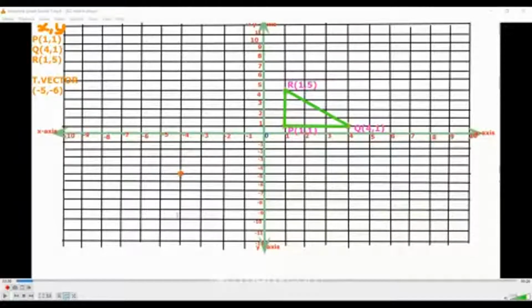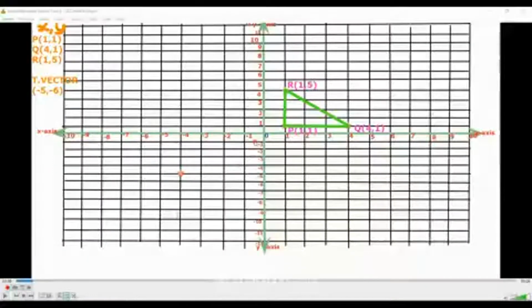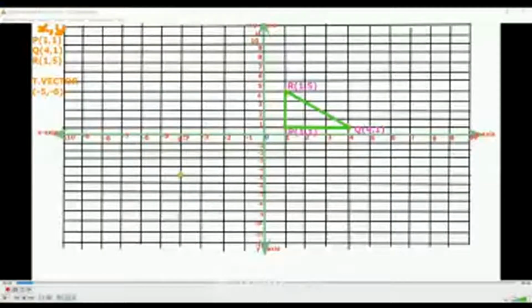So here you can easily determine the P prime coordinates: -4 and then negative 5, because this line here belongs to -1, -2, -3, -4, -5. So the image will be -4 and then -5.